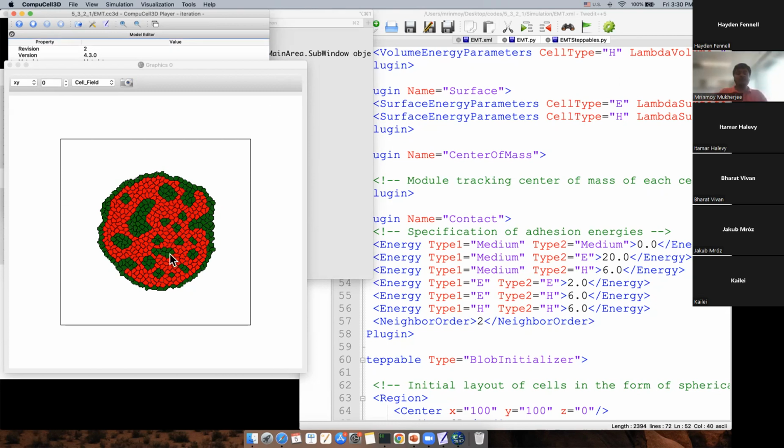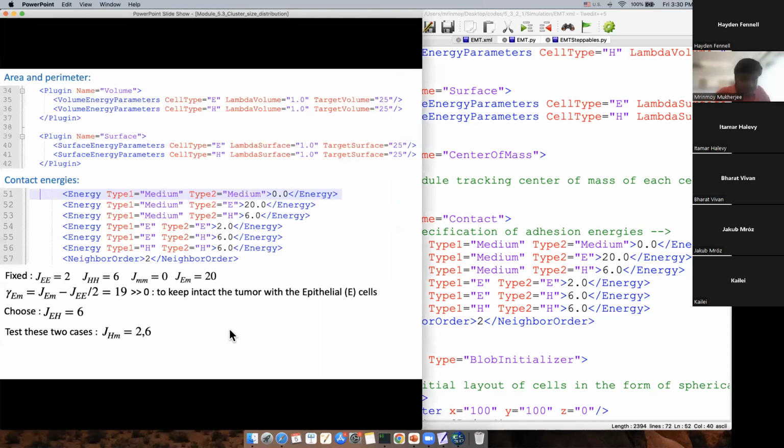Okay, if everyone is getting that, now we'll try to rationalize this. Actually, this H cell clustering or releasing from the primary tumor depends on the cell-medium surface tension, defined in a similar way. You define the gamma surface tension between the hybrid cell and the medium as the contact energy between hybrid cell and medium minus the hybrid-hybrid contact energy divided by 2.